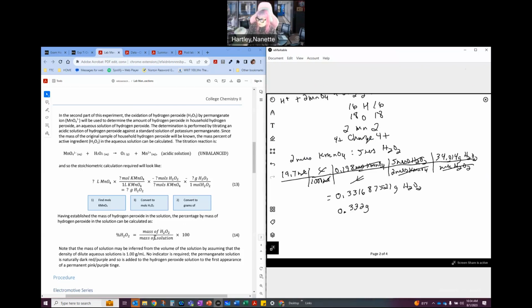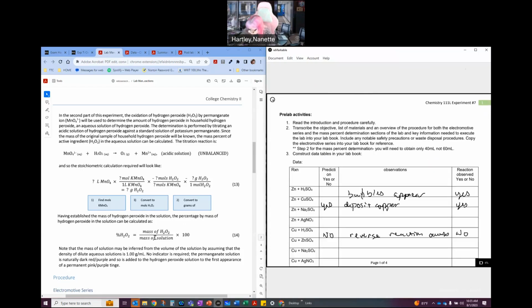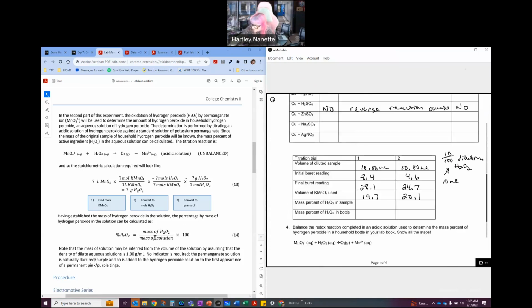Well, okay. Way back when we talked about this, we took 10 milliliters of that solution, and we had done a dilution on it. So let's start with the mass of the solution that we used.